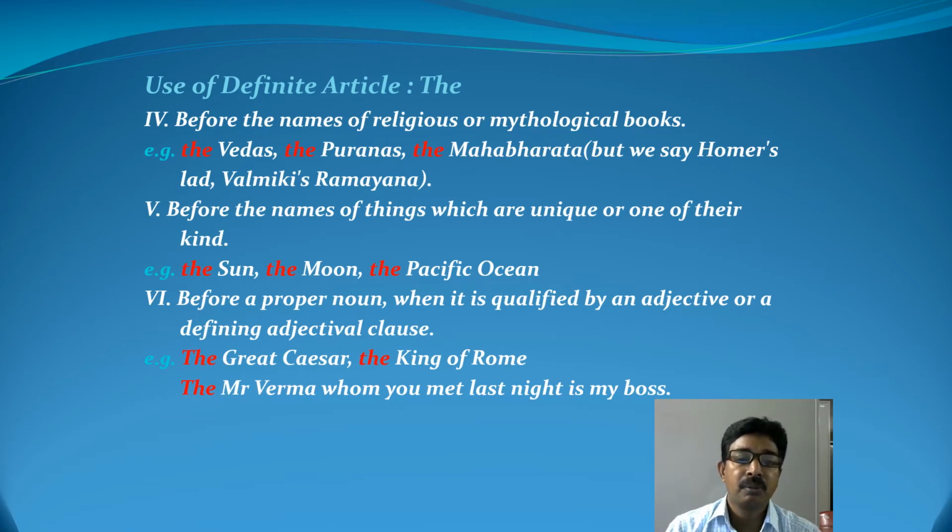The is used before a proper noun when it is qualified by an adjective or a defining adjectival clause. For example, the great Caesar, the king of Rome, the Mr. Verma, whom you met last night, is my boss.